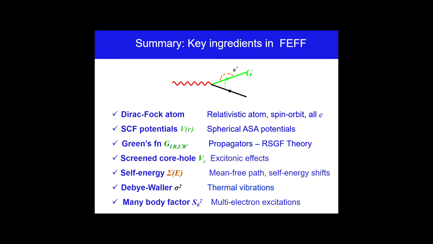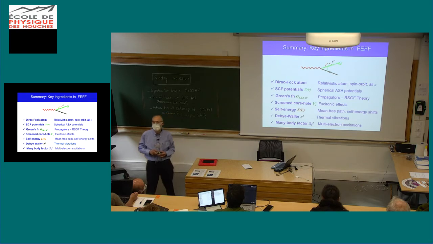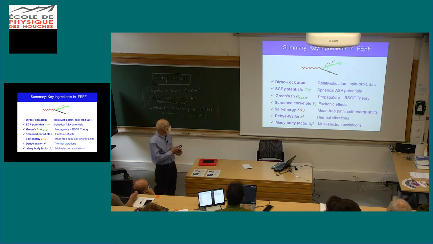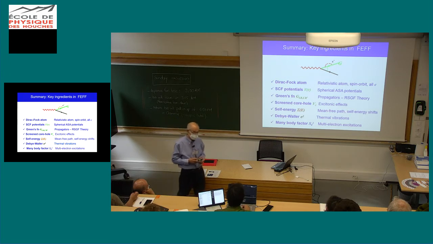Okay, so we put all this stuff into the FEFF code. This is the matrix element, and this is just part of the FEFF code. This is the single particle contribution to X-ray spectroscopy. Okay, you want to do deep core levels, and you want to do them for everything in the periodic table.